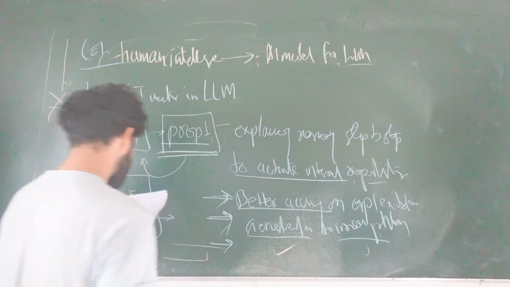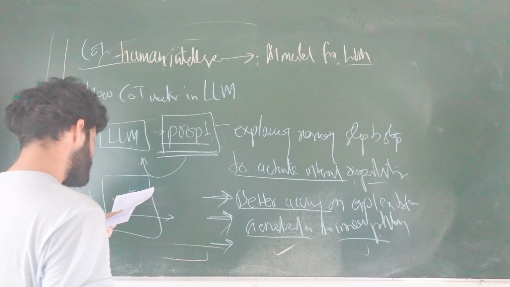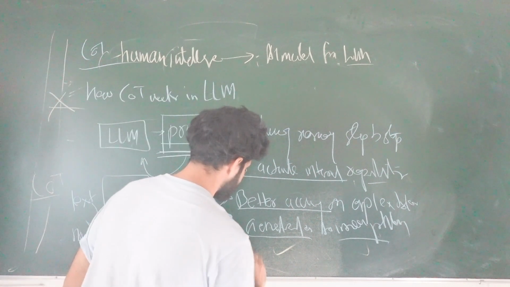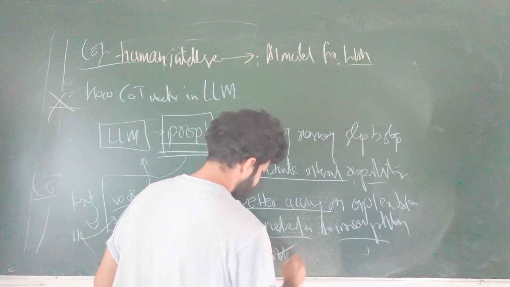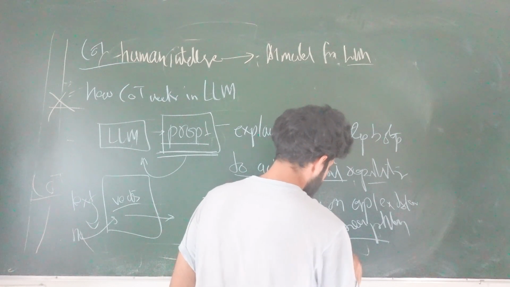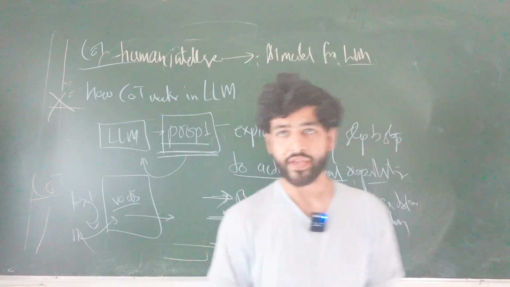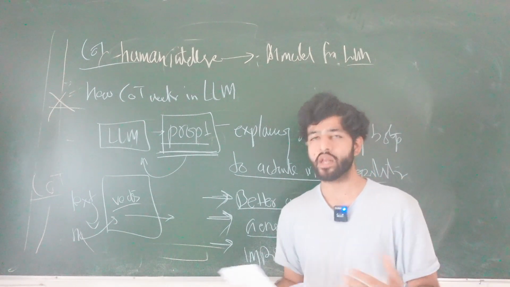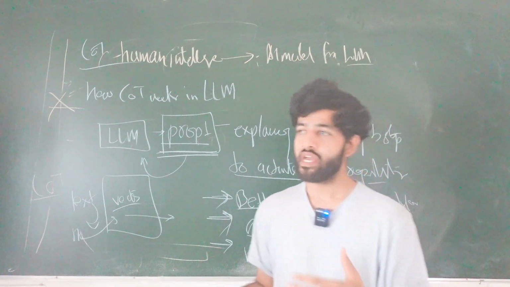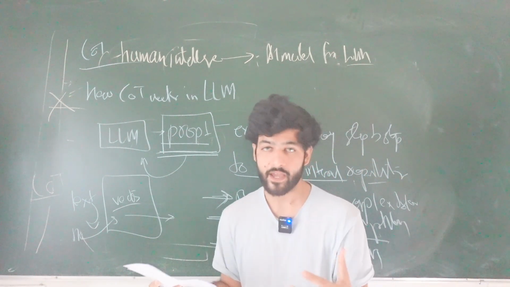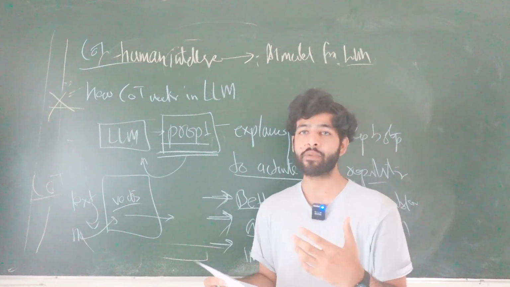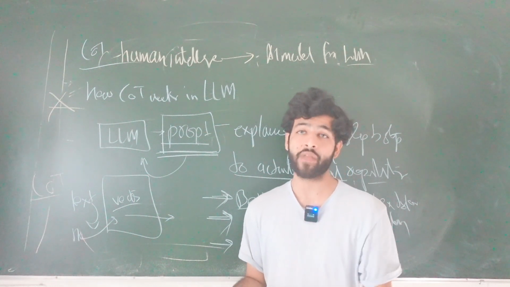Moving forward, the third one is improvement on interpretability. When you want to interpret something, it's really good if you have a great prompt, because it's ideal for getting a good response, and ultimately you can interpret the information from that response.